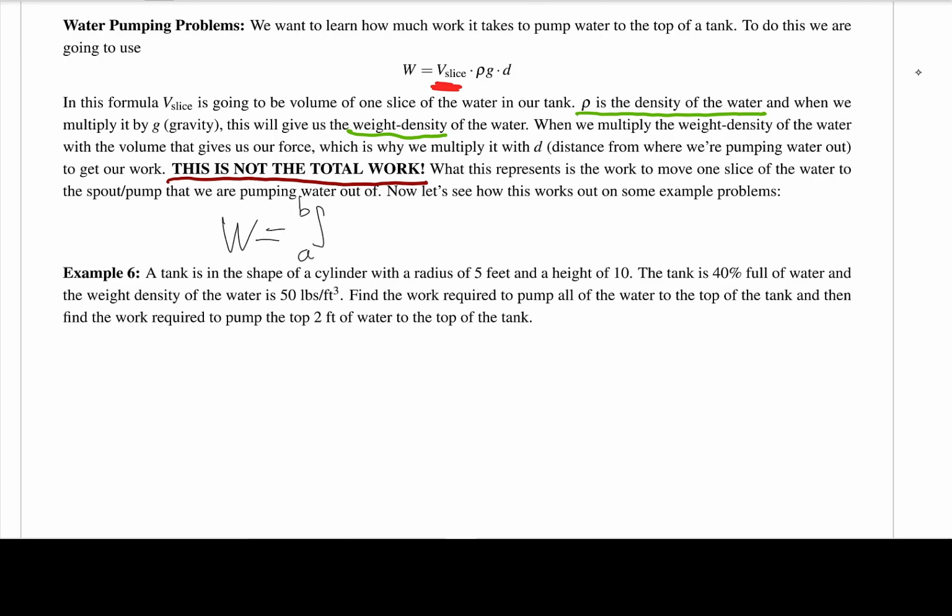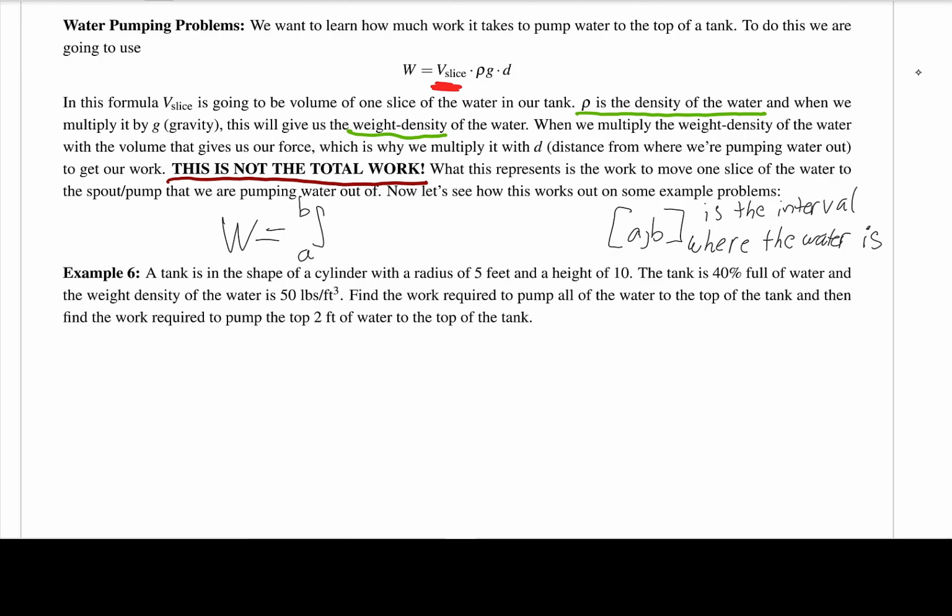from A to B. Now, the important thing here is that this interval A to B is the interval where the water lies, or where the water is.